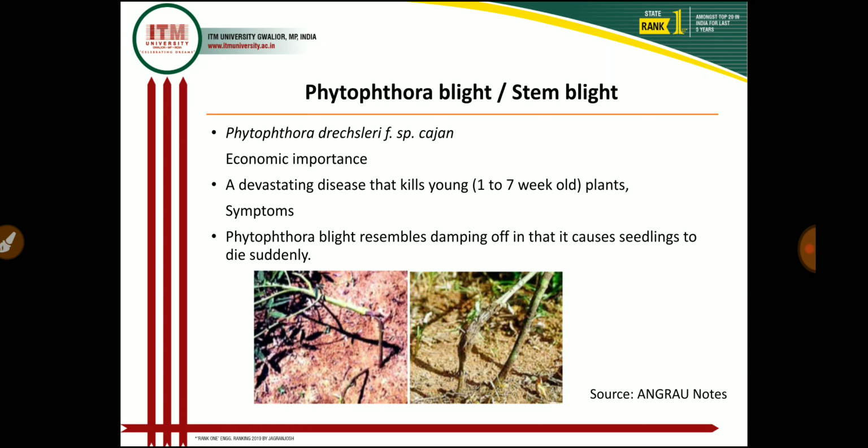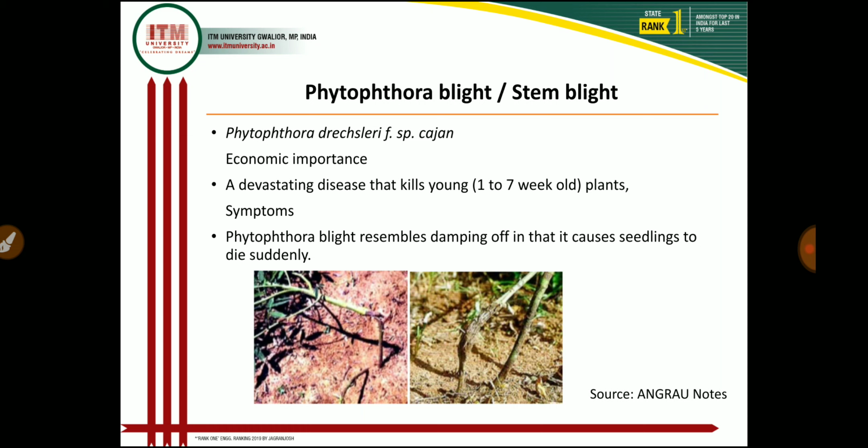So as you see in the first photograph, we clearly see the damping off symptoms, because in the stem above the ground level there is rotting or browning.